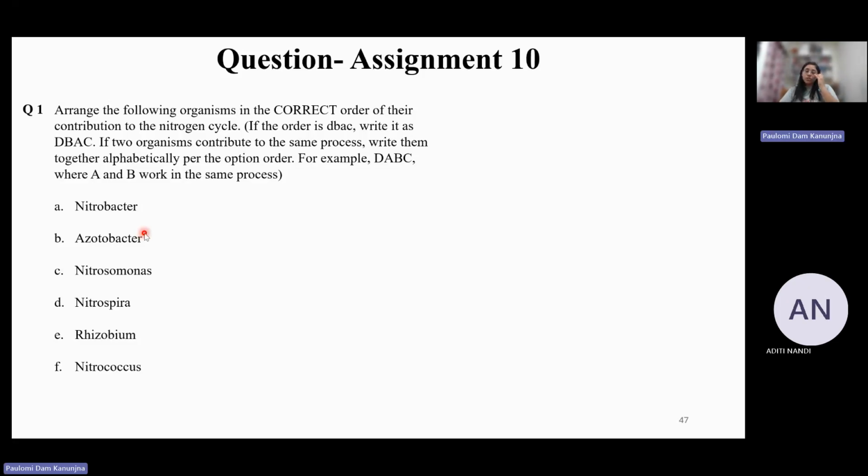So which one fixes? You need to remember the nitrogen cycle. What is the first step of the nitrogen cycle? Fixing of nitrogen. Where does it start from? Remember all the nitrates, nitrites, atmospheric nitrogen, all these steps.